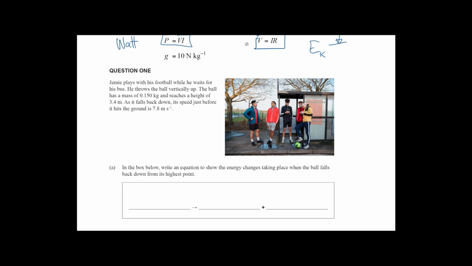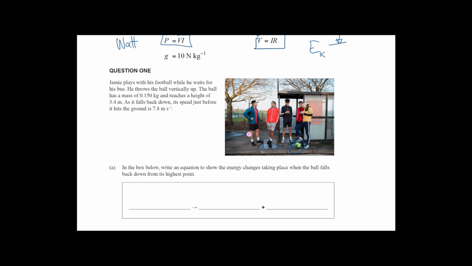Question 1. Jamie plays with his football while he waits for his bus. I guess his football is right there. There is always that kid, isn't there, who has a football. Every class, there's always some kid who carries a football. Okay, so we have our bunch of guys.